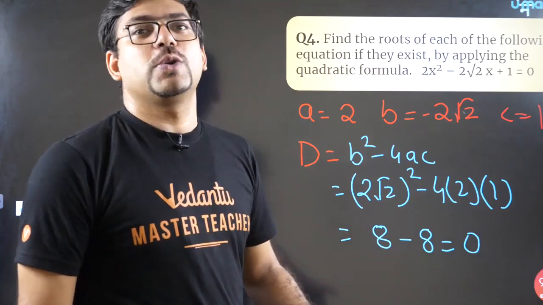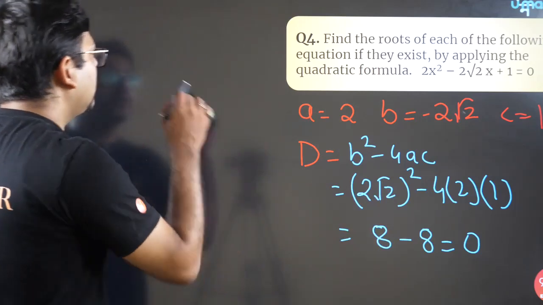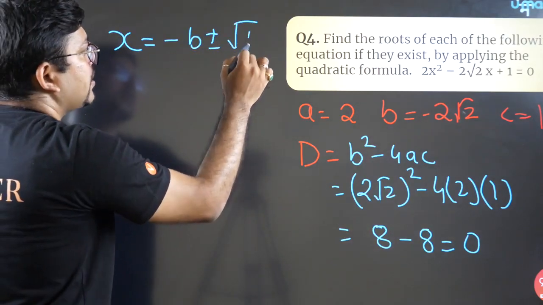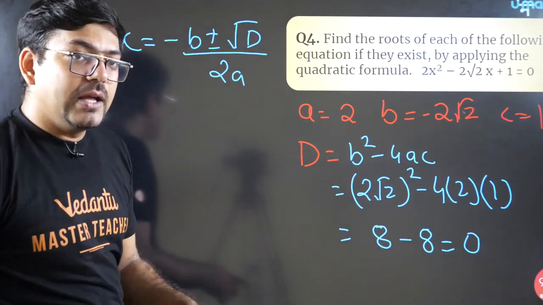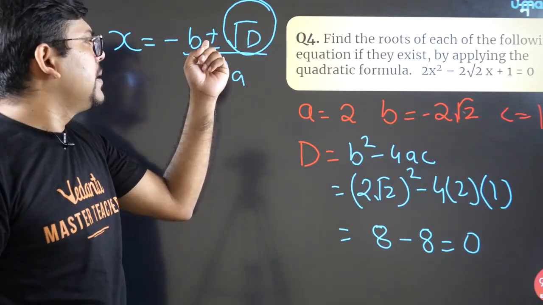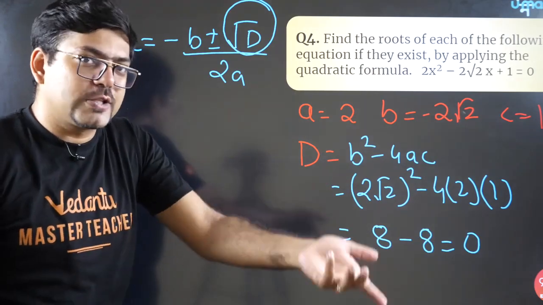So now we don't need to worry, because it's again very easy. How? x is equal to minus b plus minus root d divided by 2a. Now we don't need to take care of the plus minus, because plus 0 or minus 0 does not make a difference.